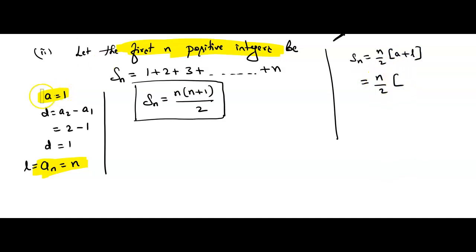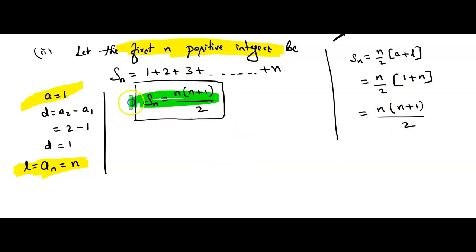What is the first term? 1. What is the last term? n. Shall we substitute? First term 1 plus last term n. This can be written as n into n plus 1, or 1 plus n, both are the same. I am writing n into n plus 1 by 2. This is our final answer.